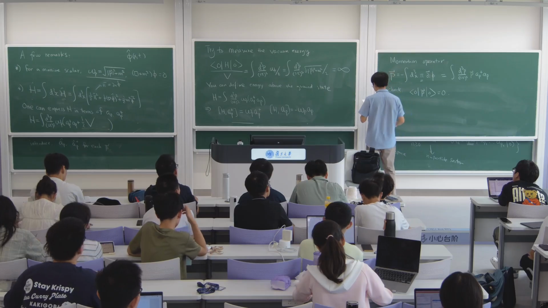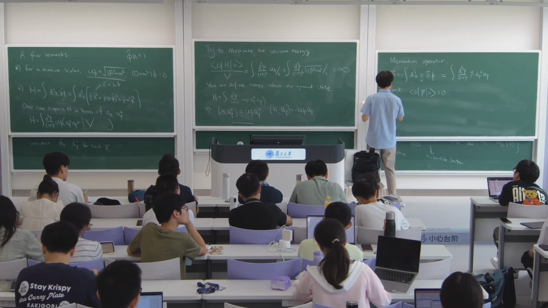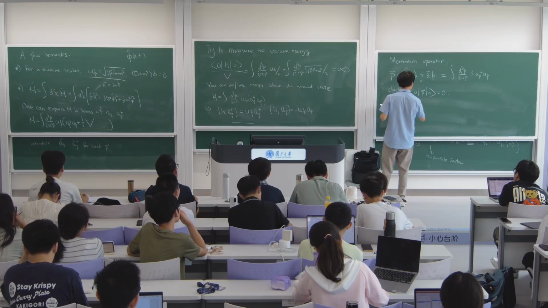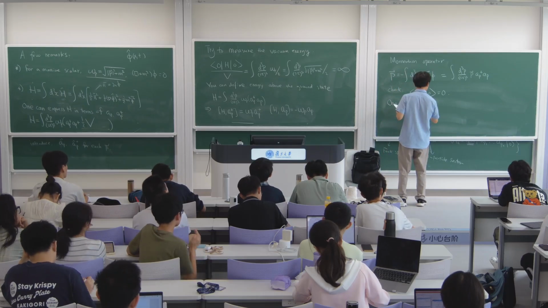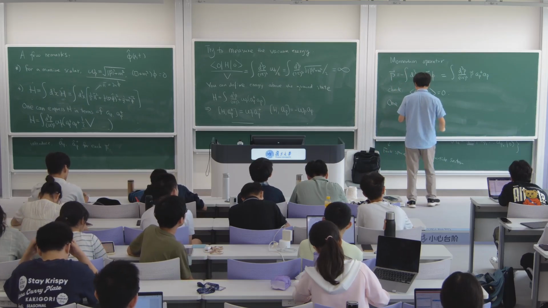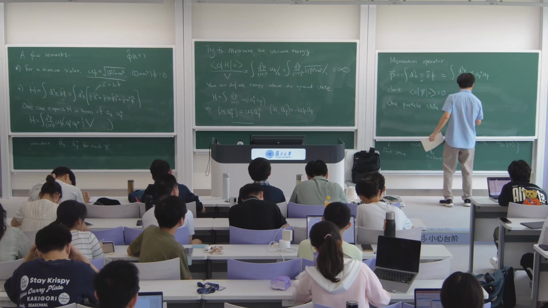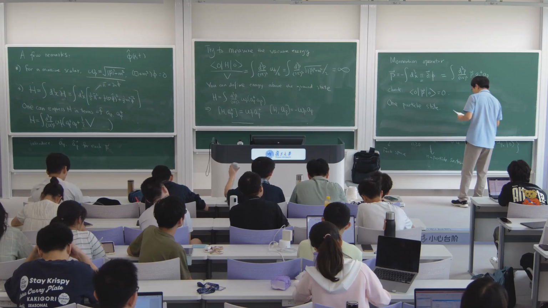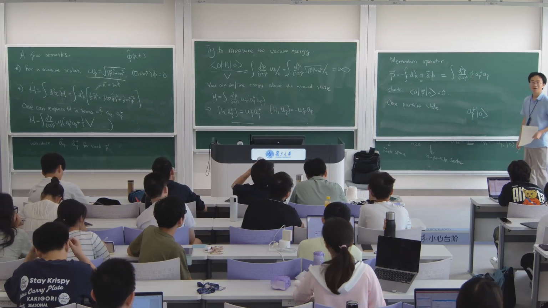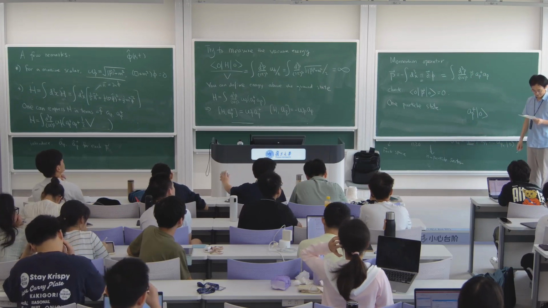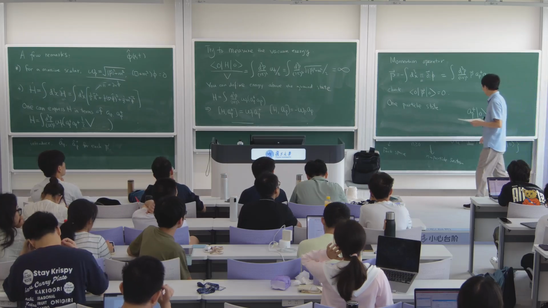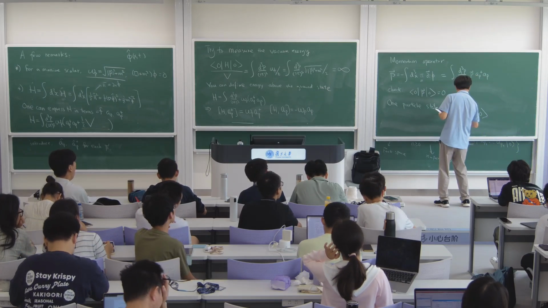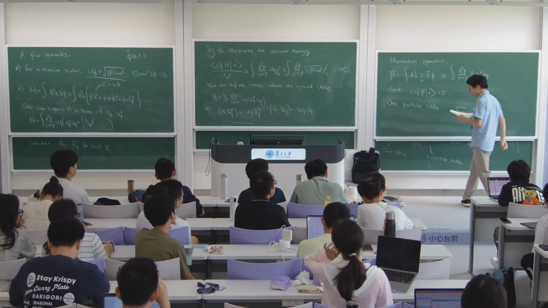Now, as already mentioned, the one particle state was given by you act one creation operator on the vacuum. And for normalization reasons, let me put square root of 2 omega in front.